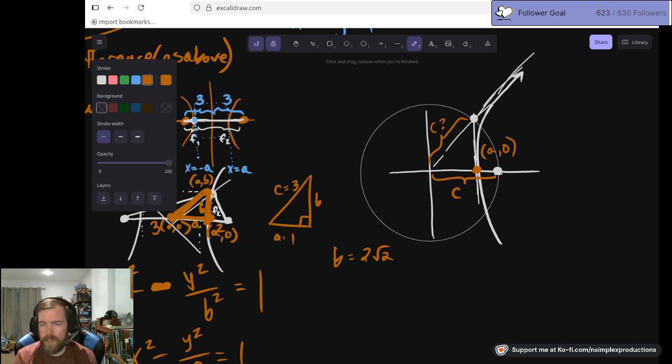And that is where the vertex is. So we've shown this on multiple occasions. Now the question is, how do we prove that that is actually c? This is a right angle.